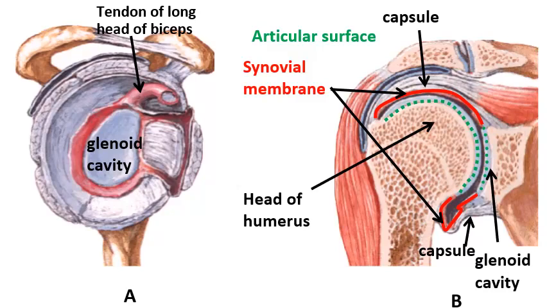From this picture you can see that the tendon of the long head of biceps is outside the synovial membrane, right? Outside the synovial membrane, but it is inside the fibrous capsule. So it is extrasynovial because it is outside the synovial membrane, and it is intracapsular because it is inside the fibrous capsule.